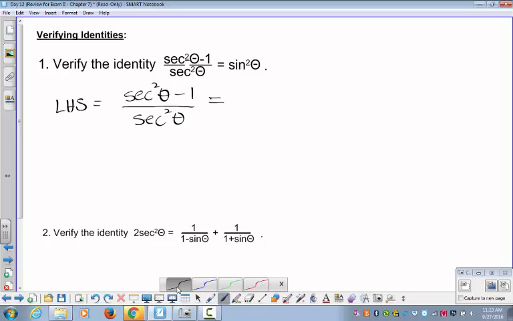Okay. You could use identities here that are Pythagorean in nature. But knowing that we need to get to sines, I'm thinking to myself, let's just simplify this by not dealing with secants. Let's go to cosines. So we're going to write this as 1 over cosine squared of theta minus 1, all divided by 1 over cosine squared of theta.